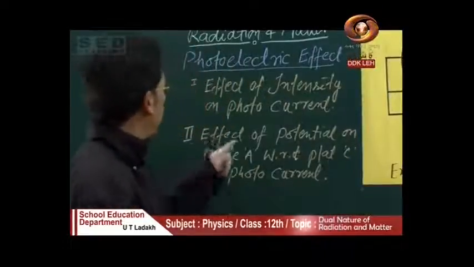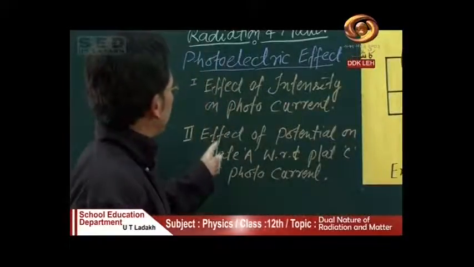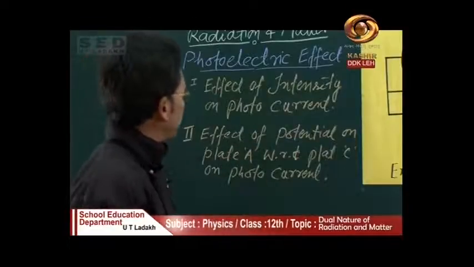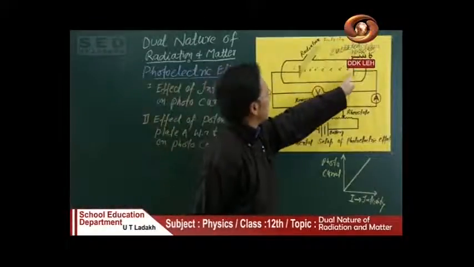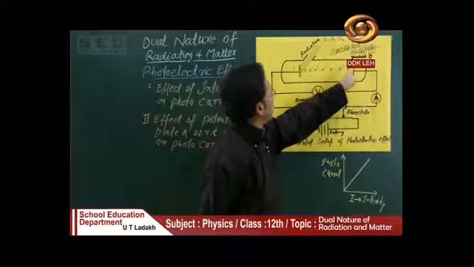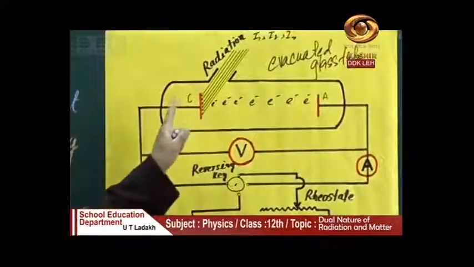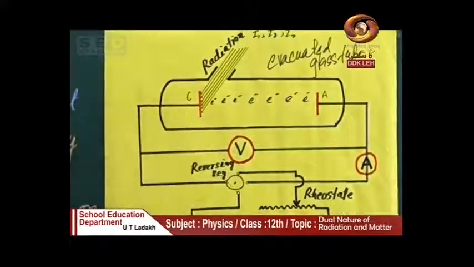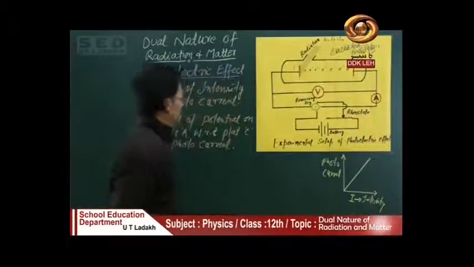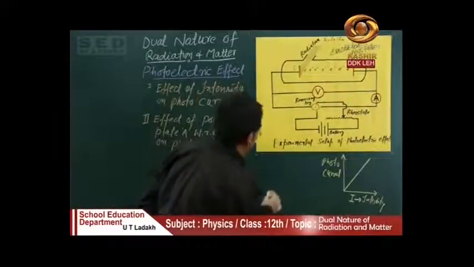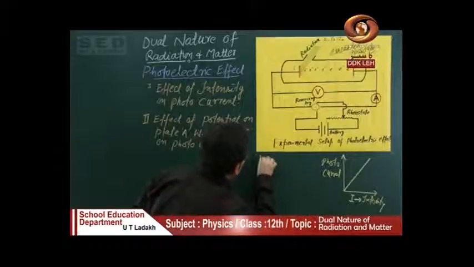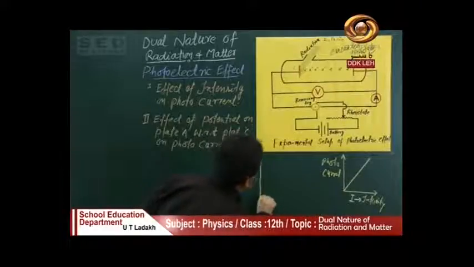Now after that we were discussing the effect of potential on plate A, that is on this plate, the effect of the potential on plate A with respect to the cathode C on the photoelectric current. Then एक ग्राफ मैंने बनाया था, उसके लिए भी let me draw it again.